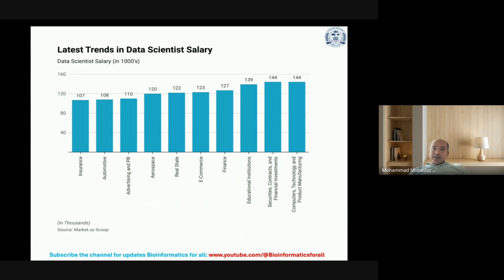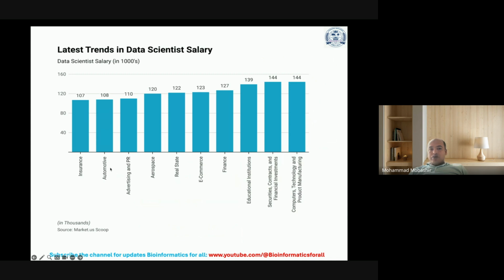But if you want to understand which field is currently giving more jobs and more money if you are working as a data scientist, then here you can see insurance, 107, so it means 107,000 US dollars they are getting annually as a salary.